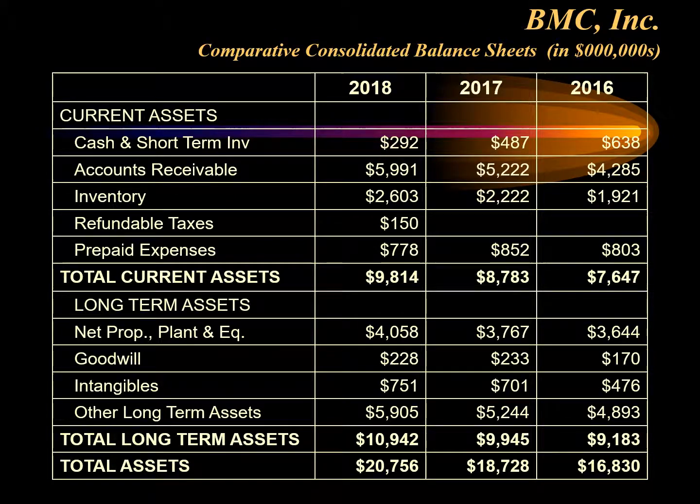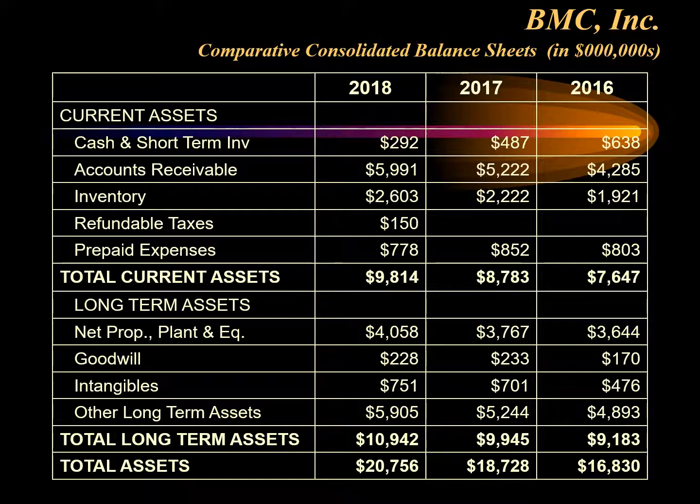So the first statement we're going to start with is the balance sheet. And I'm going to go through each account one by one. It's impossible to do financial analysis if you don't understand what each account means.